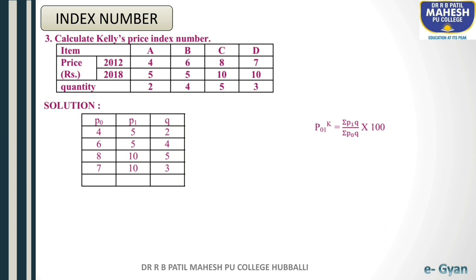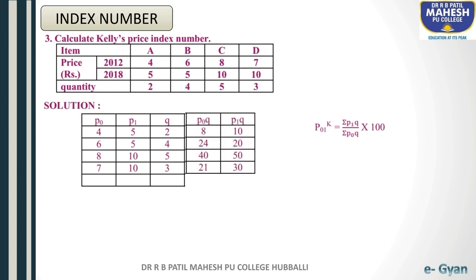The formula of Kelly's price index number is summation P1Q divided by summation P0Q, into 100. To calculate it, we want summation P1Q total and summation P0Q total. First find summation P0Q. Multiply P0 into Q: 4 2s are 8, 6 4s are 24, 8 5s are 40, 7 3s are 21.